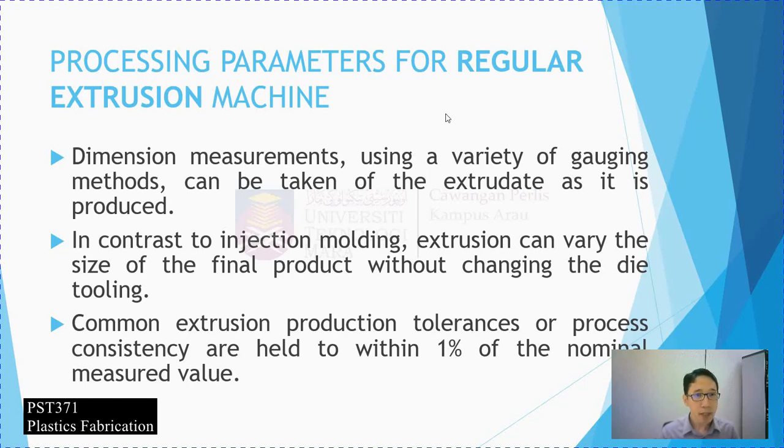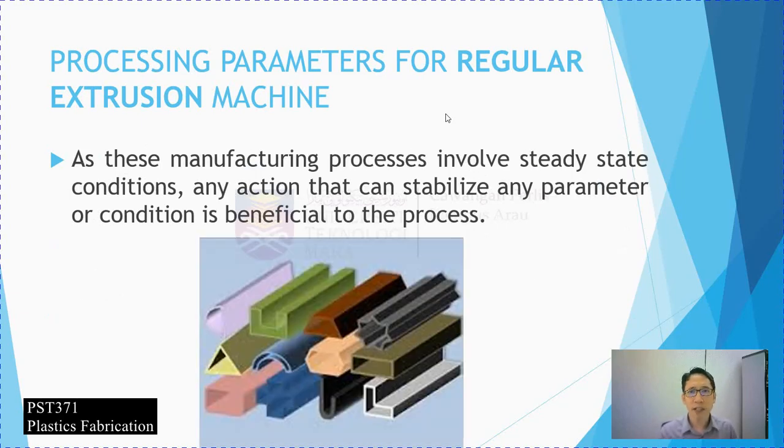Okay, and then common extrusion product tolerances and process consistencies are held to within 1% of the nominal measured value. As this manufacturing process involves a steady condition, any action that can stabilize any parameter condition is beneficial to the process. So eventually when you go to industry or do your internships, you might be involved with this equipment, this machinery.